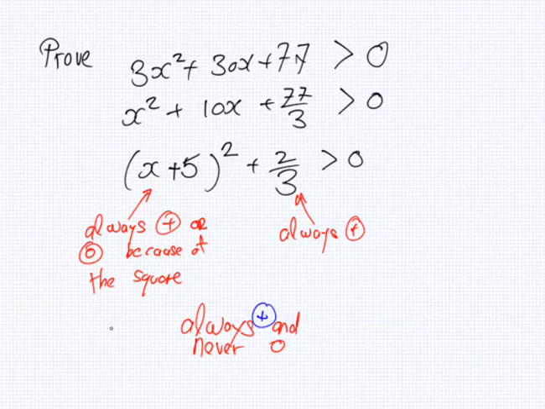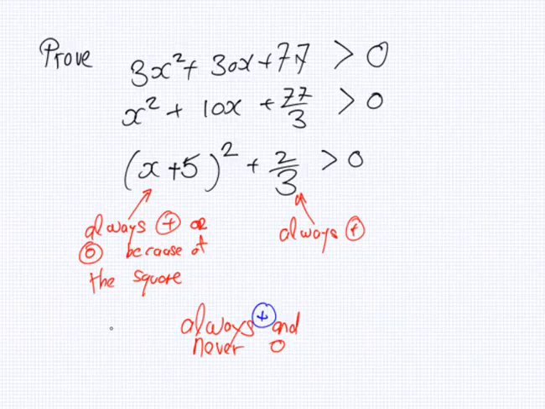So for this one, it's always positive, no matter what the value of x. So for this question, we want to prove that this is always positive. You got the idea?